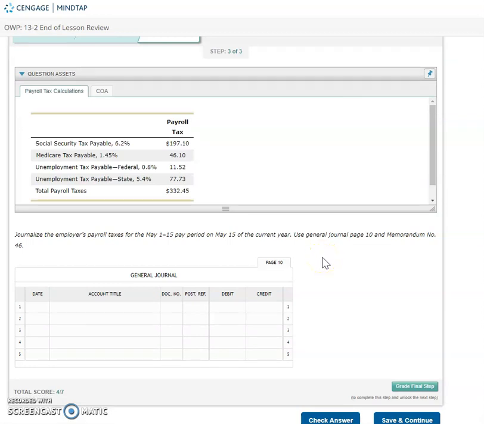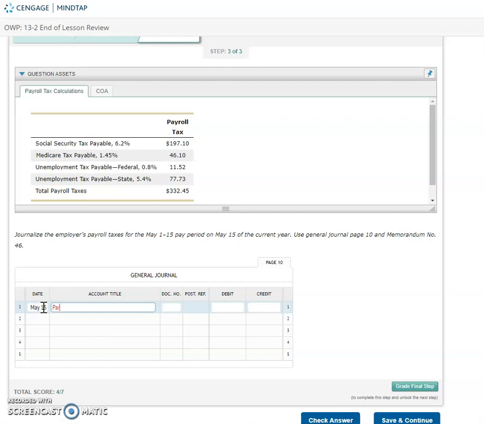We are simply recording them. They're all going to go into a liability account because we're not paying the government yet. We're setting this money aside to pay the government at a later date. This is just the employer's payroll taxes, not the employees. So the date that they give us is May 15th.